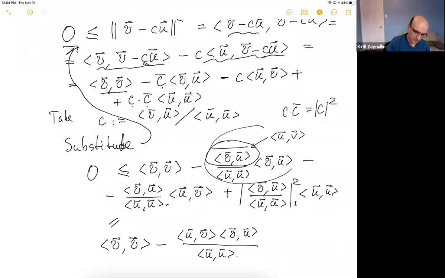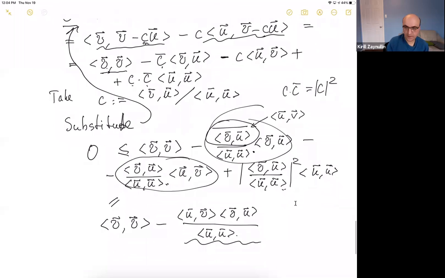So this term will become the same as this term, meaning that this is just 2 times this term, right? But then look at this term. This term is just the same as this one. So minus 2 plus 1 is minus 1, and that's what is written here.